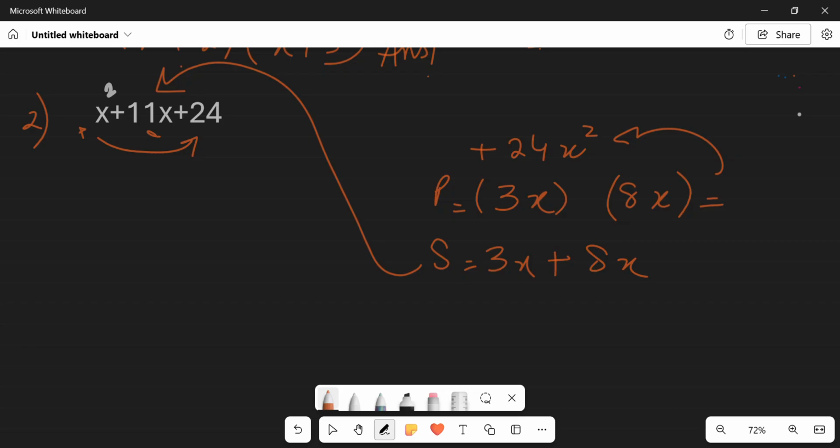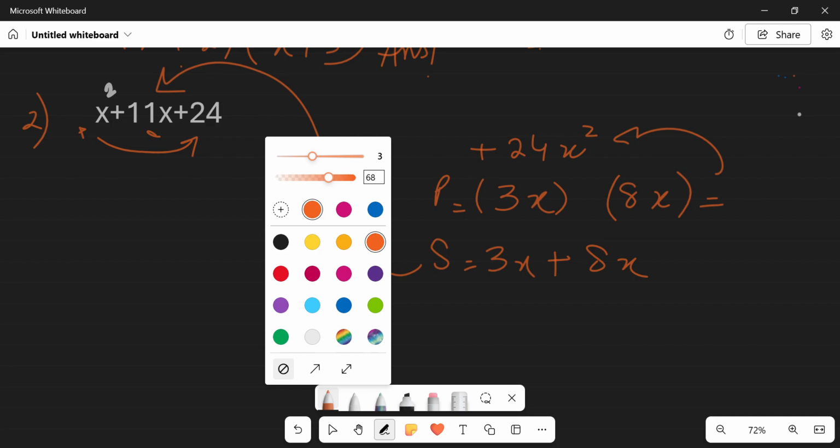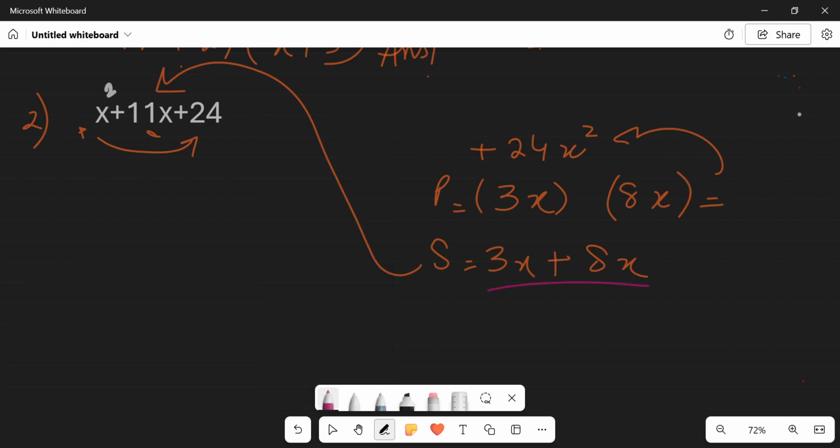So now, how to solve? We have found the factors. Write down x squared, the first term, as it is, and the last term as it is. Now split this 11x into 3x plus 8x.